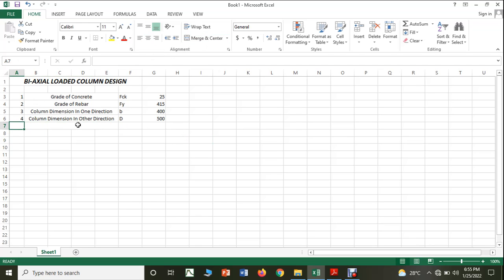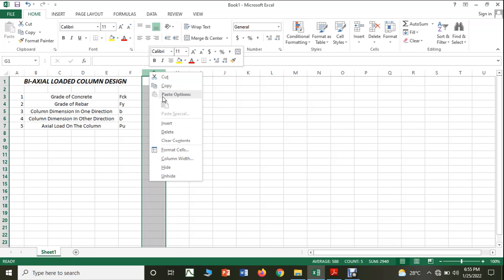So that is the fifth one, axial load on the column. Let us give that as PU. For the sake of example, let us take it as 1600 kilonewton.